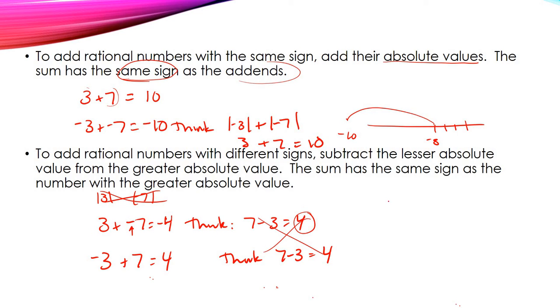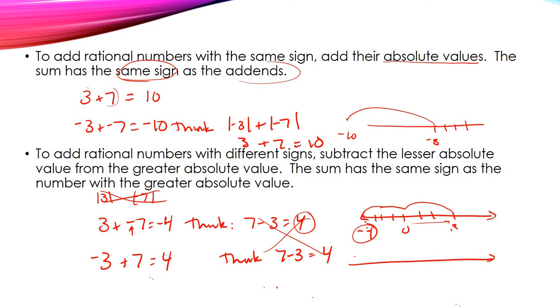When we're adding opposite signs, we're going to actually use the difference. Let's think about that on our number line. So if I start at positive 3, that's gone to the right, and then I go to the left 7 units, I am going to end up at negative 4.